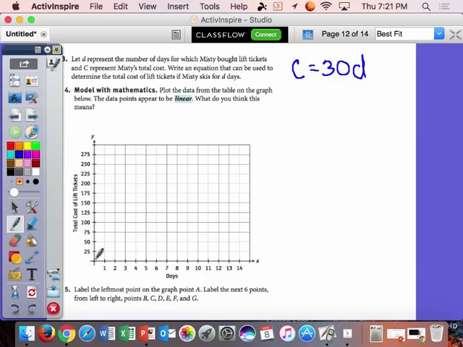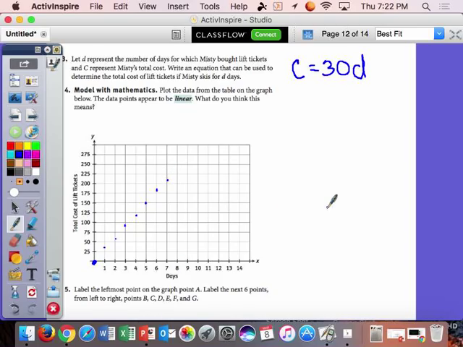So 0, 0. At 1 day, she's at 30. At 2 days, 60. I know it's really hard to do this since the numbers are awkward. Just do the best that you can with what you're given. 5 is 150. 6 is 180. 7 is 210.